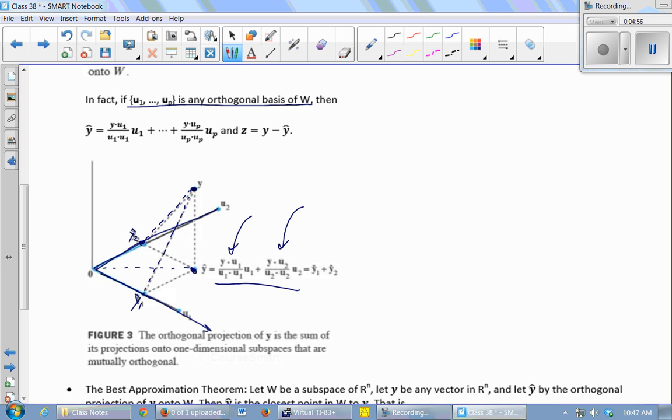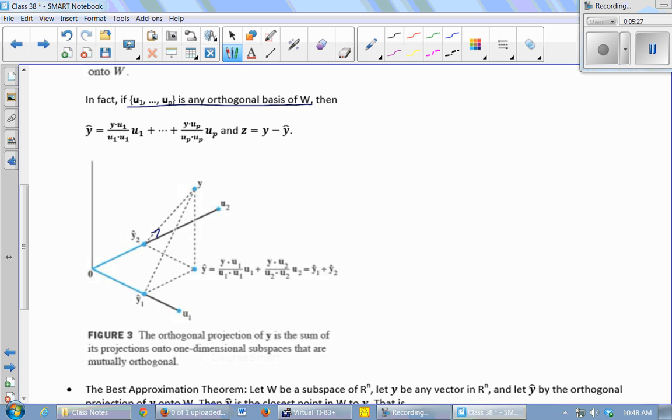So that's why u1 and u2 have to be orthogonal for the formula to work, because they're already perpendicular to each other. And then z is perpendicular to both of them. So when you add them, you get something perpendicular to the whole plane. Yeah, it's hard to draw in 3 dimensions so you can see the perpendicularity.